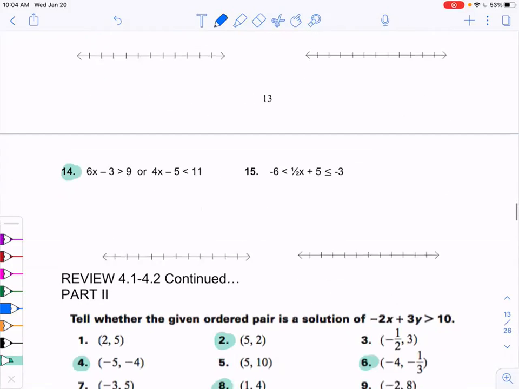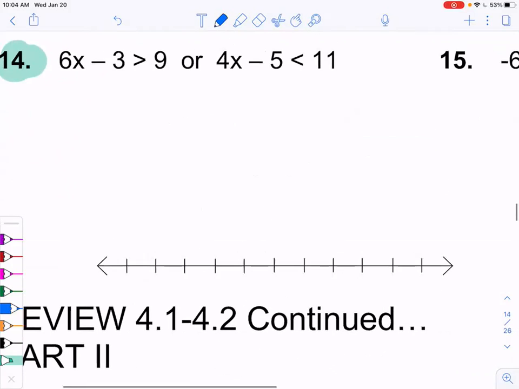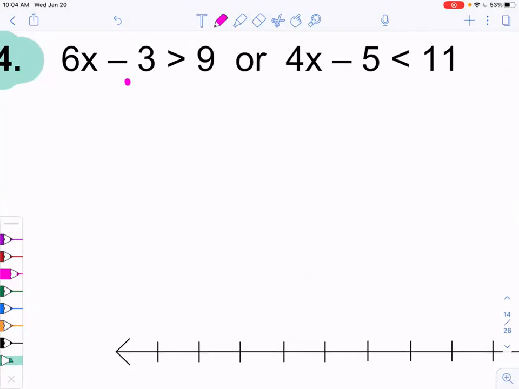Okay, 14. So it's compound because there's 2 inequalities in each one. So we have 6x minus 3 is greater than 9, or 4x minus 5 is less than 11. So all we do is we just solve for the variable in each part. This should not be too hard.